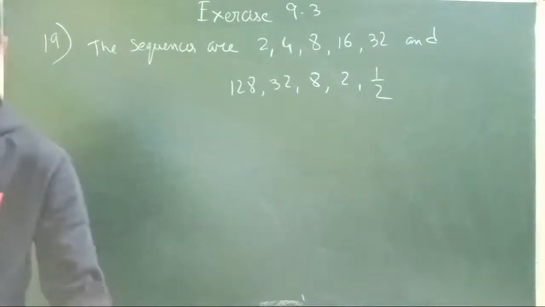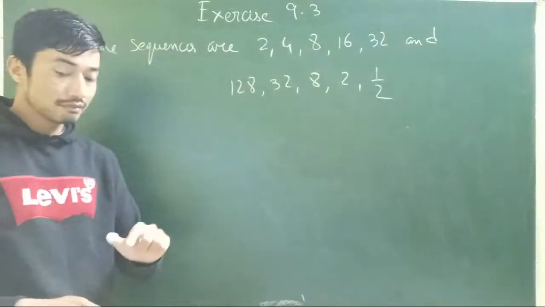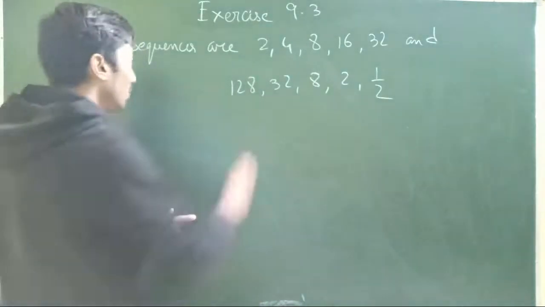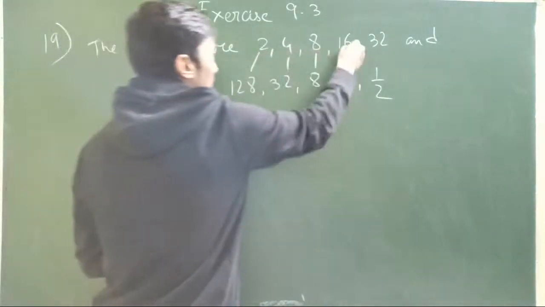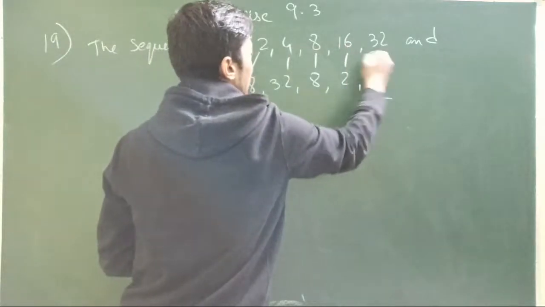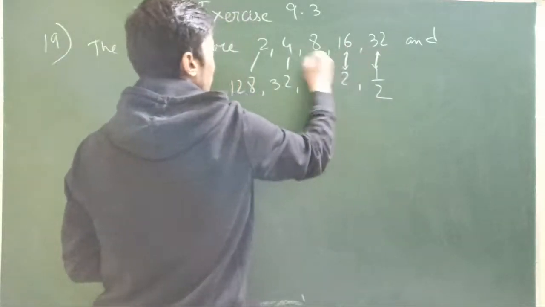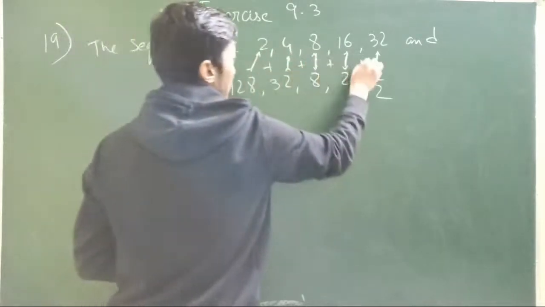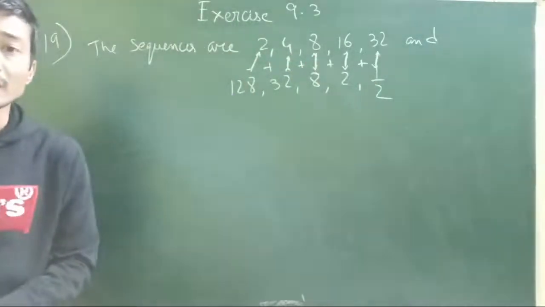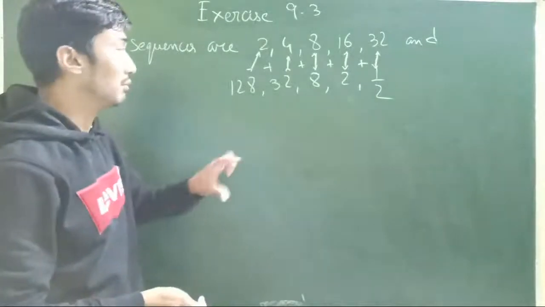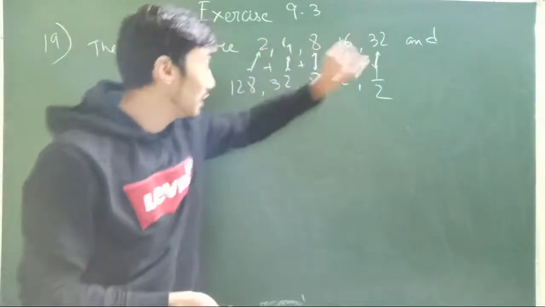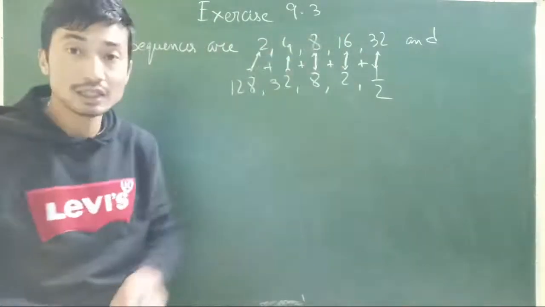Question is, find the sum of the products of the corresponding terms. So you'll find the product and you'll find their sum. That's what the question is trying to tell us. So you'll multiply the corresponding terms and get their sum.